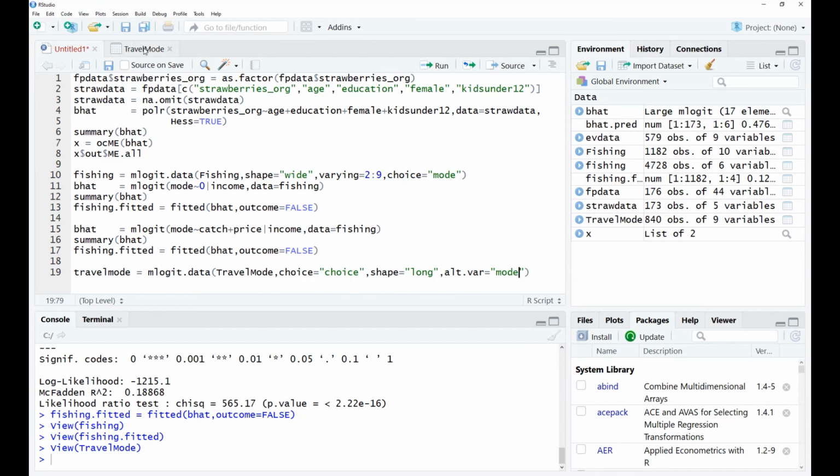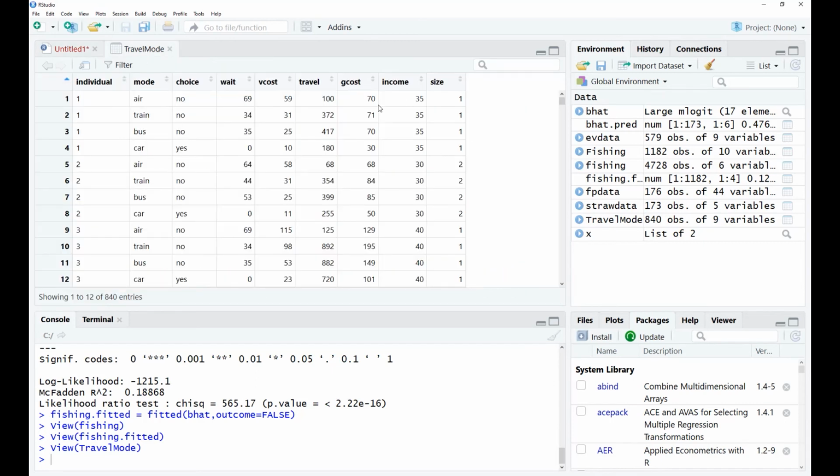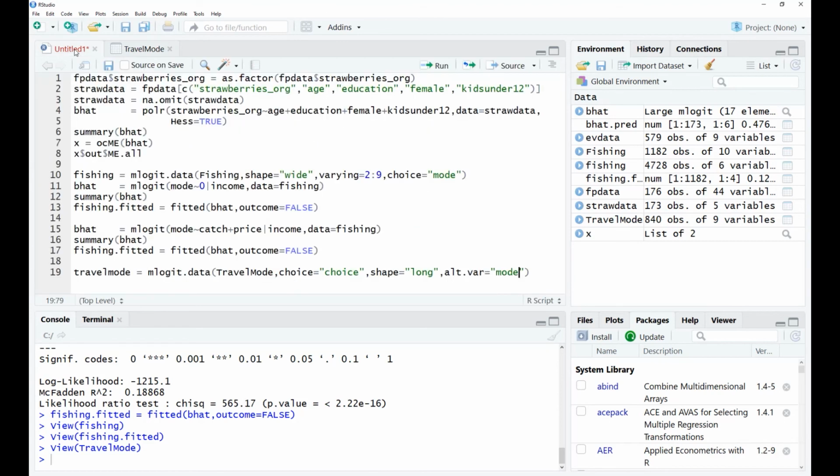So when you look at the travel mode here, we have individual 1. We had air, train, bus, and car as the available modes, and the person picked car as the choice. Okay? So we can hit enter.